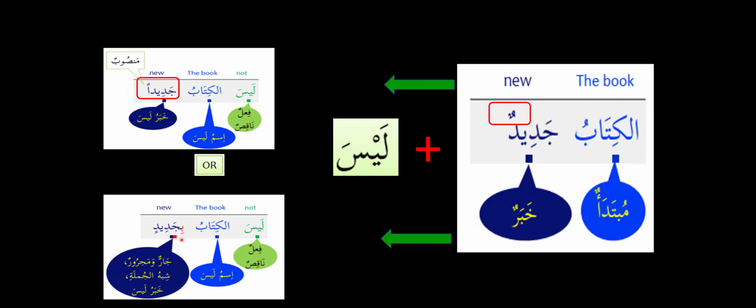So, for example, just for explanation, if I say ana fil masjidi, ana is mubtada, fil masjidi is shibul jumla khabar. So fi is harf jar, al-masjidi is ism majrur. Together they are becoming the phrase khabar. We have studied long time back that shibul jumla means something similar to jumla.